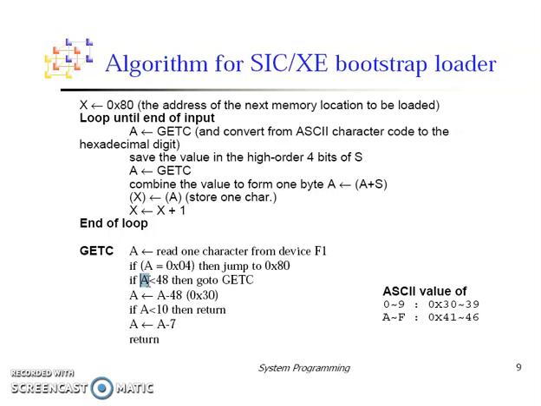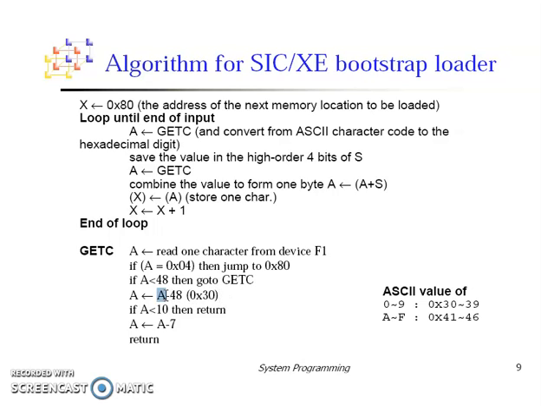Else, it checks whether the A value is less than 48. If so, it goes back to getC to take the next value, and again checks the value.